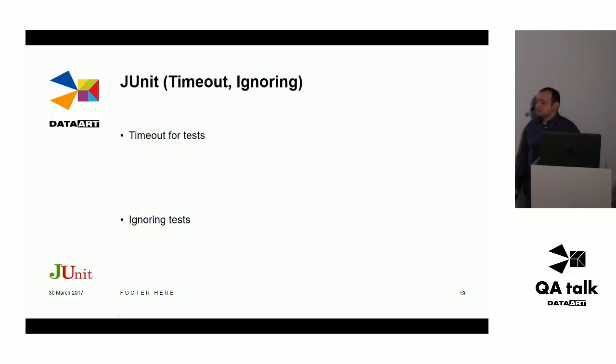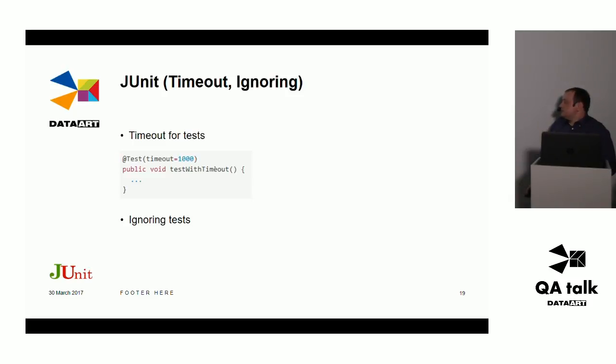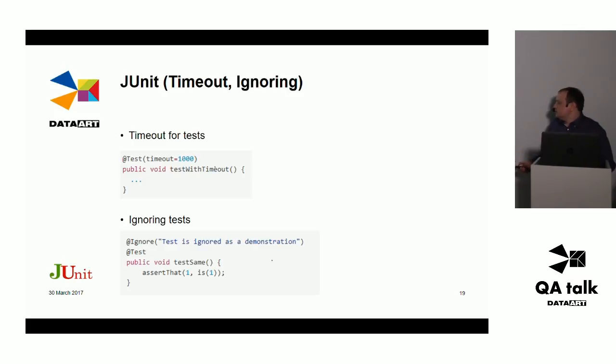Timeout. Probably it is the same, so we have timeout added to the test, and here is the number in milliseconds, and we can ignore a test. In JUnit 5 this was changed to disable, so it is the same.